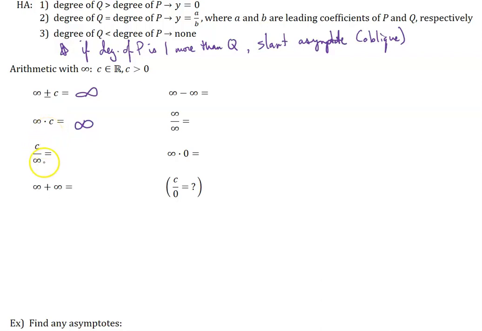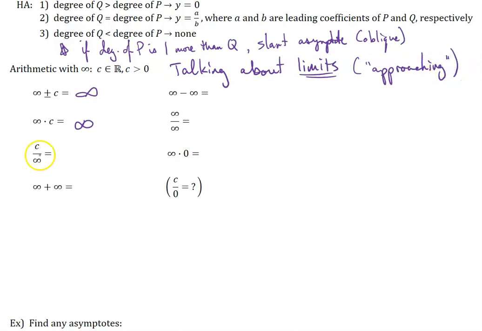If we take C and we divide it by infinity, now this one's a little fuzzy because technically, remember that we're talking in terms of limits, not actual values, okay? So really we want to talk about what things are approaching.